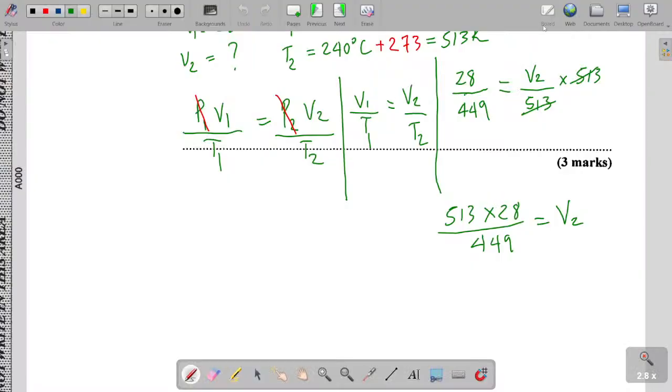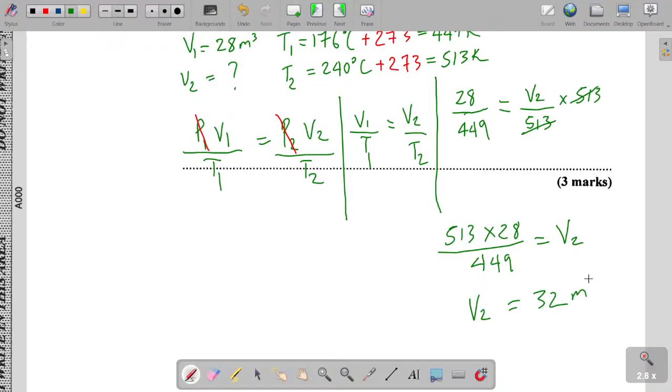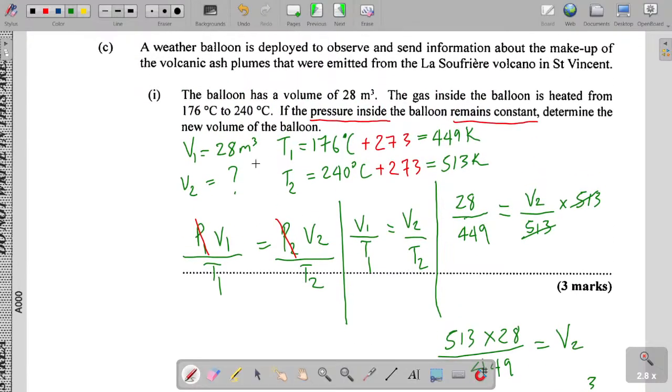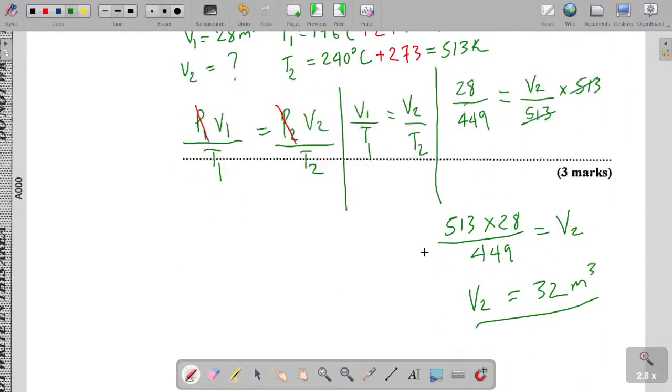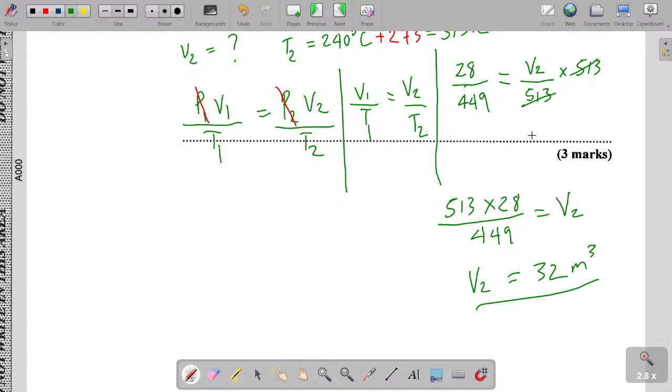So if we round it off, V2 is going to be equal to 32 meter cube, and that would be our answer for our new volume. So the volume has to increase as the temperature increases.